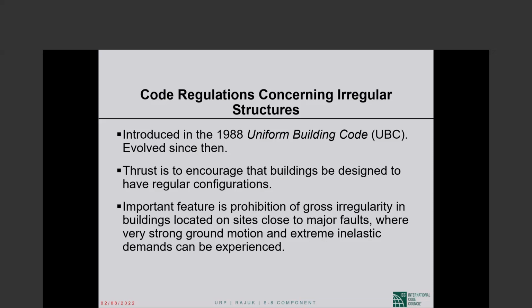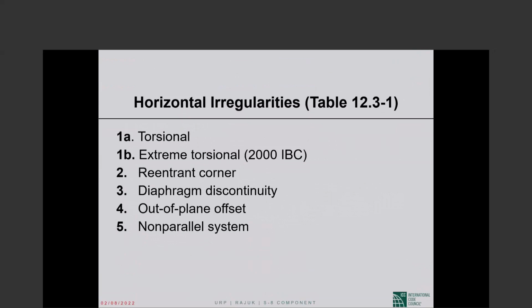Important feature is prohibition of gross irregularity in buildings located on sites close to major faults where very strong ground motion and extreme inelastic demands can be experienced. So there are sometimes downright prohibitions. You cannot build irregular structures close to a major fault that can generate large earthquake ground motion.